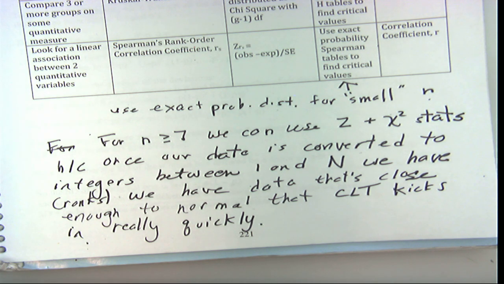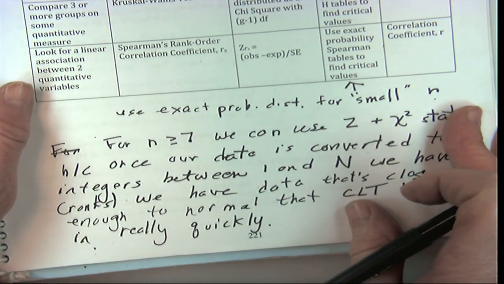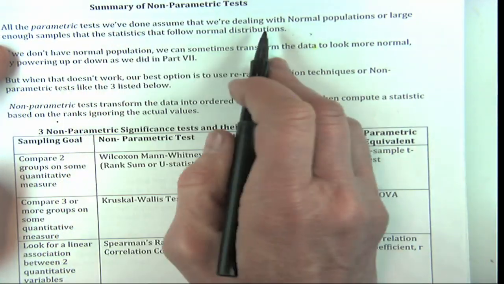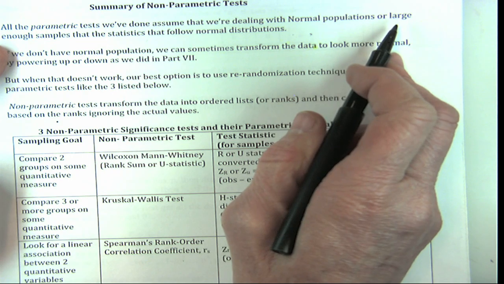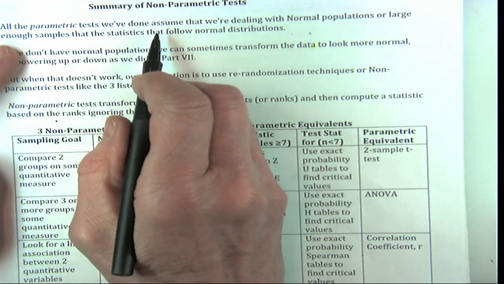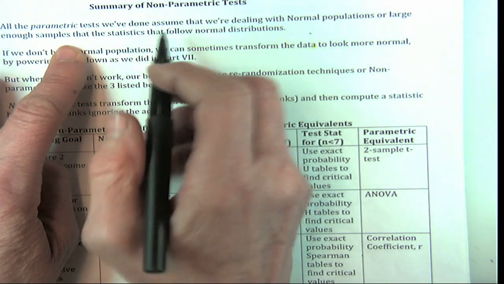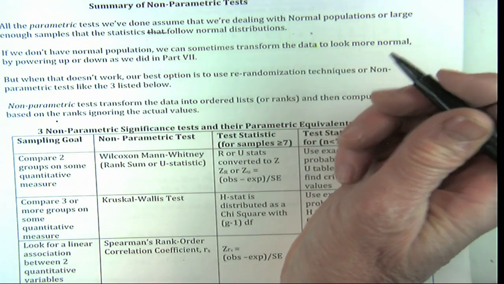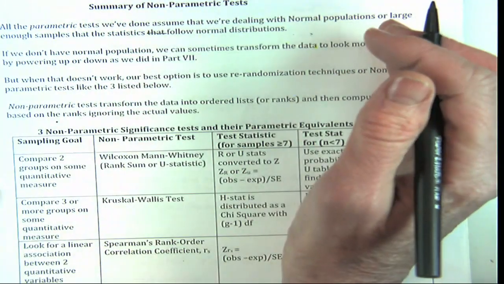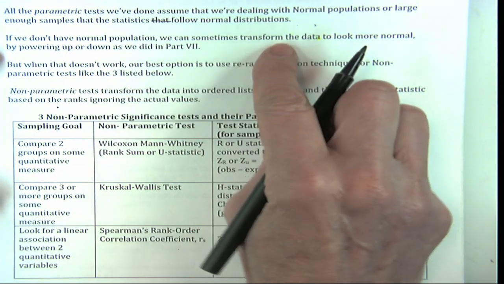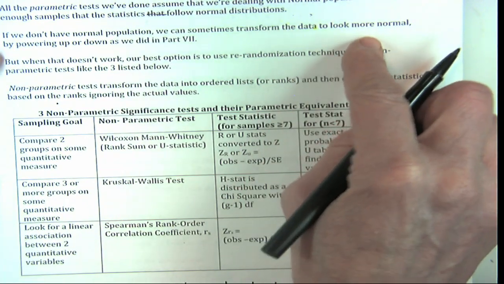And so let's just make sure we read the summary here, and then we're almost done. So all the parametric tests we've done assume that we're dealing with normal populations or large enough samples that the statistics follow normal distributions. Now if we don't have normal populations, we can sometimes transform the data to look more normal.